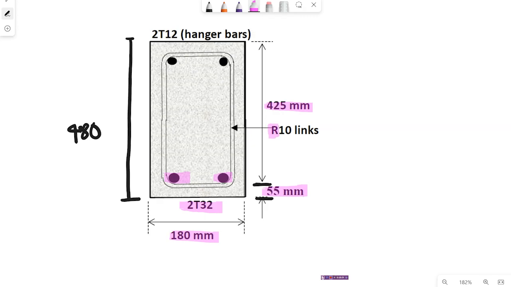That's what normally we use, and it is 10 mm diameter. 2T12 angle bar here, 2 biji. Right, so we cover all. So kalau you jawab ni semua betul, you will definitely get 3 to 4 marks for this question.